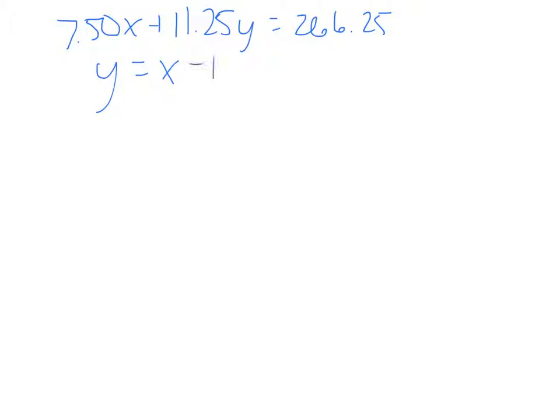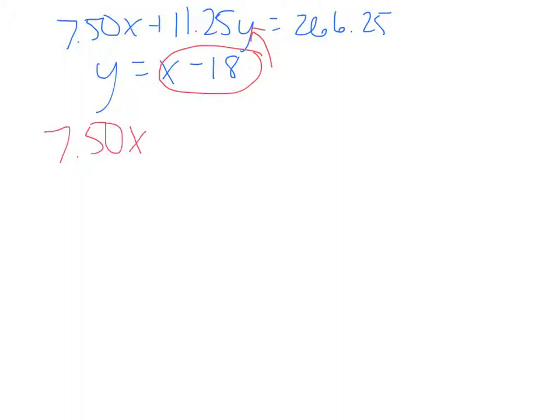Okay, so we're going to put it all together and solve. We had 7.50x plus 11.25y equals 266.25, and then y equals x minus 18. We can substitute: because y equals x minus 18, we plug that in for y.